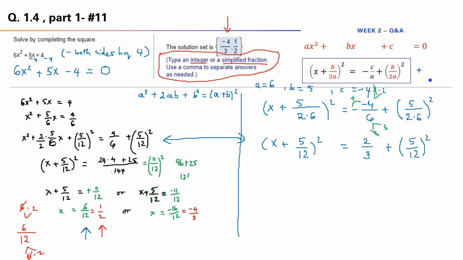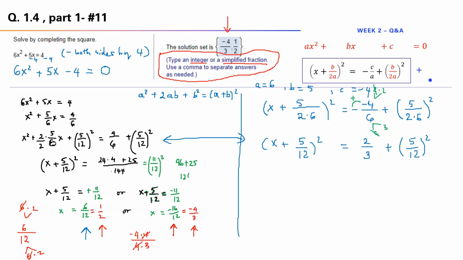The same thing here. Negative 16 over 12 is not simplified. To simplify it, negative 16 is negative 4 times 4, and at the bottom, 12 is 4 times 3. So cancel the 4, and we are left with negative 4 over 3. This is the simplified one.